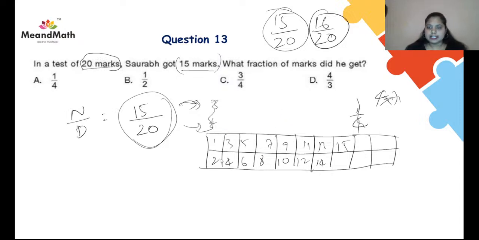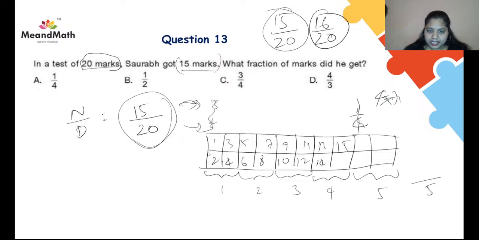Only then it will make the same piece. So first let us try grouping 4, 4 and see whether we can group the numerator and denominator in a similar way. Let us try grouping these 4 as one part. We can see the total number of parts is 5, but the shaded part will be 1, 2, 3.